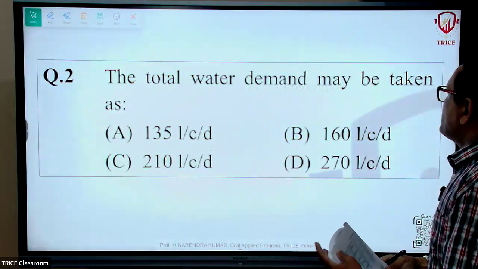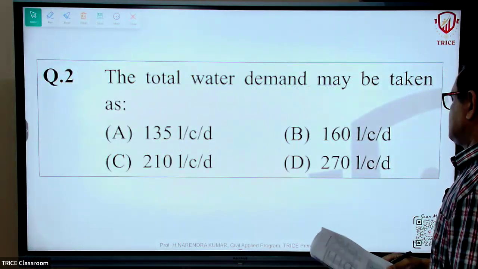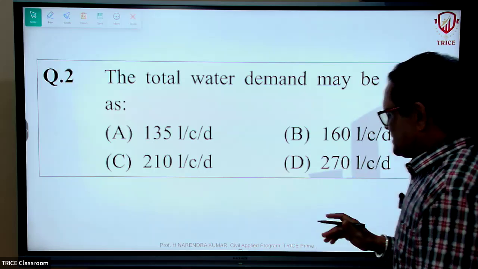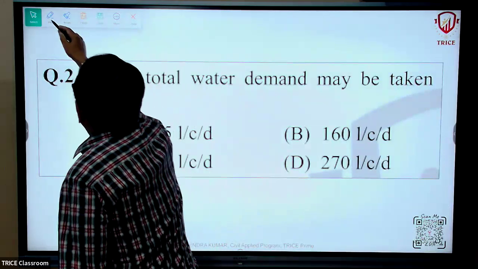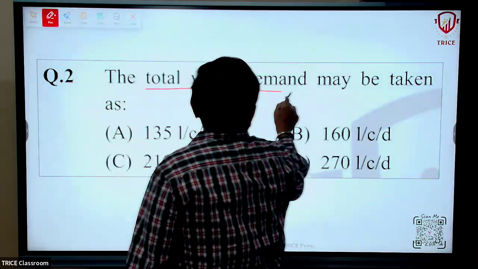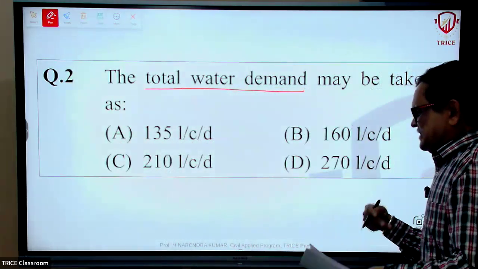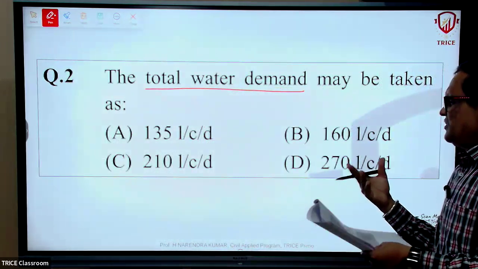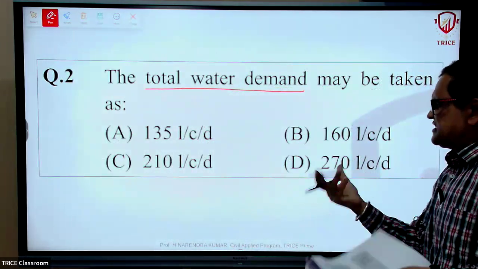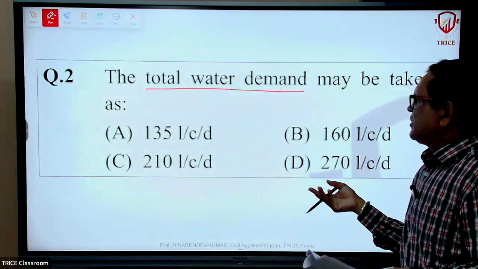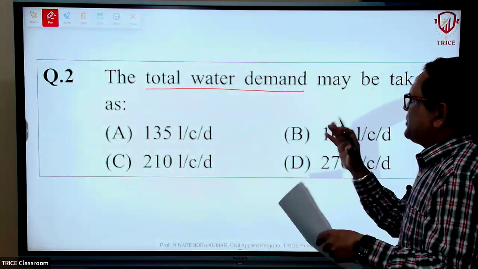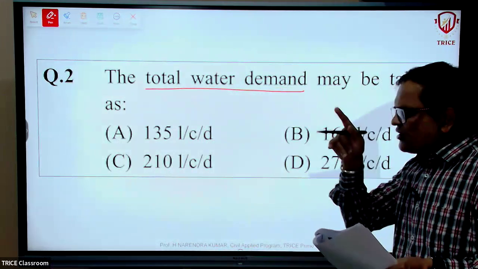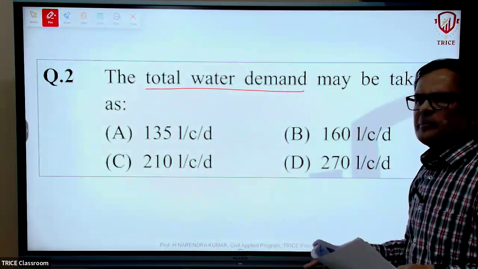The total water demand may be taken as, see, this is the ambiguity, total water demand. What is the total water demand that he is talking about? It is nothing but per capita demand. If you look at the references, all the references say per capita demand, but in one of the references it says total water demand.